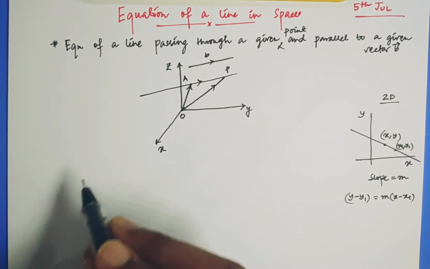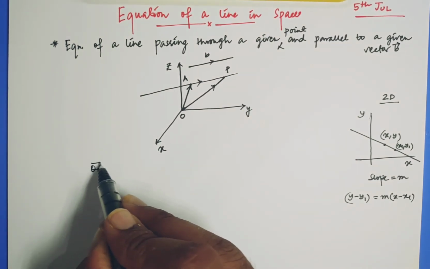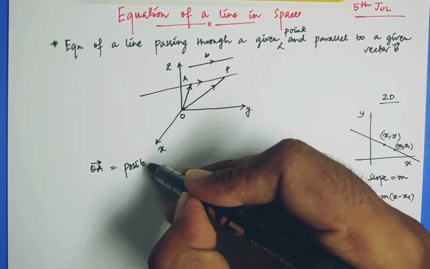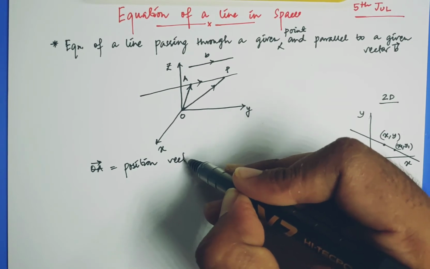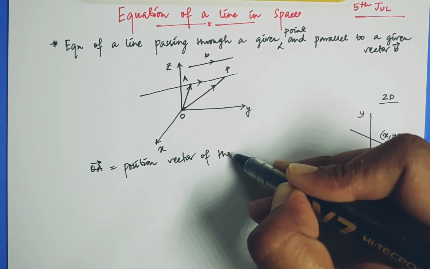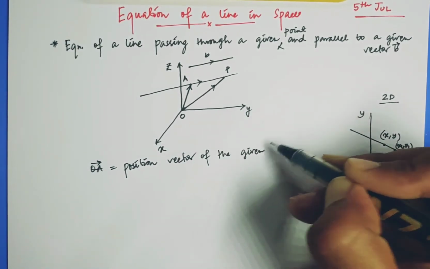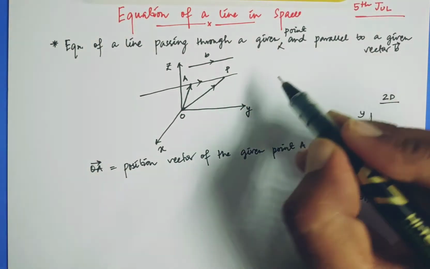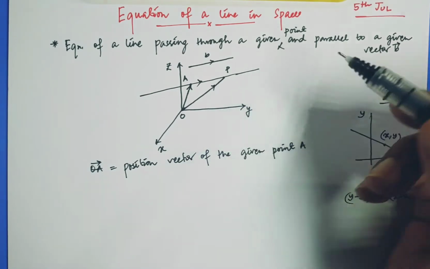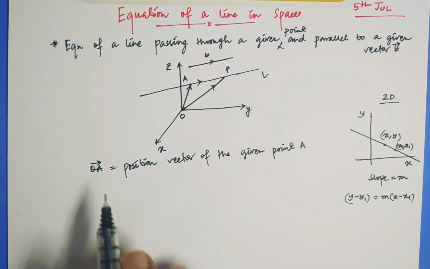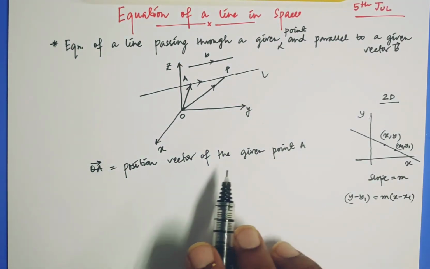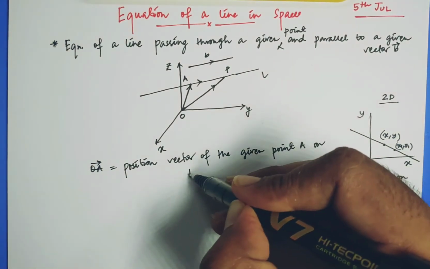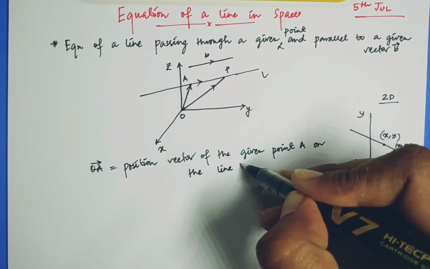We have the OA vector, and the OA vector is the position vector of the given point A, and let us say the line which we have to find the equation of is L. So OA is the position vector of the given point A on the line L.